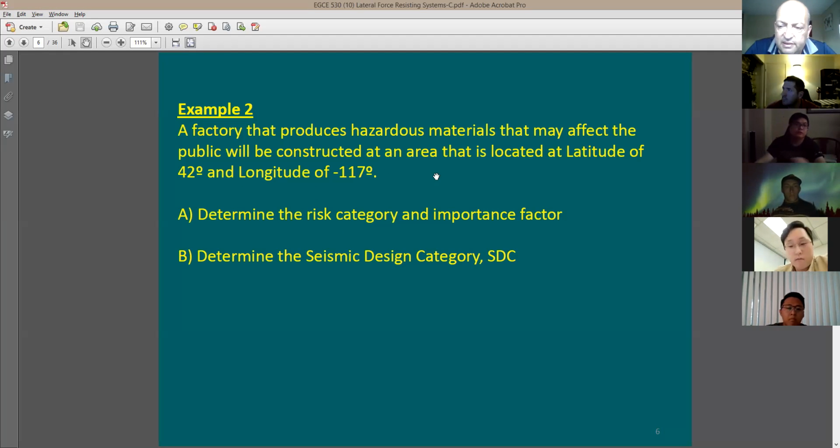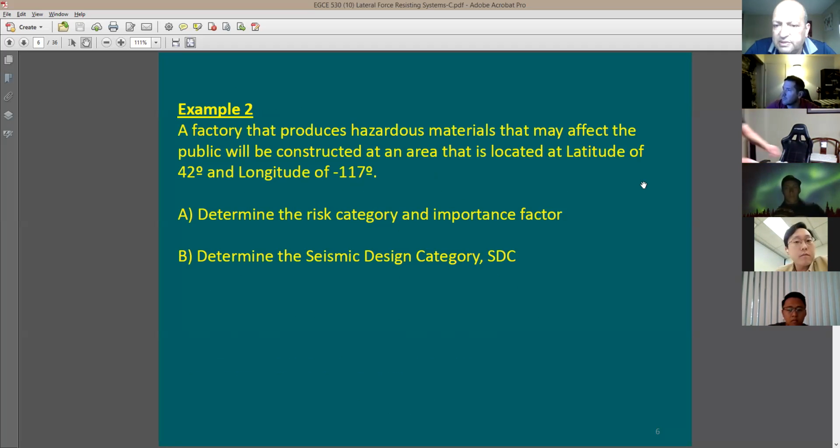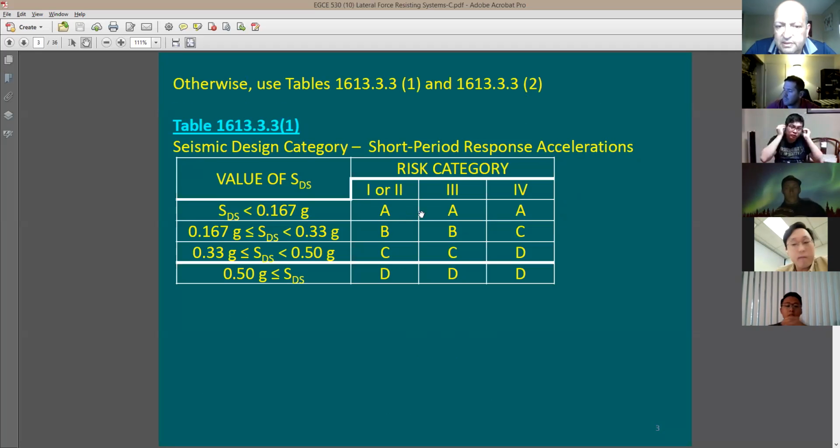So when you key it in the website, put -117. Be sure that you put the negative sign. Now, the way this works here, after you find SS and S1, you need to look at the two tables.